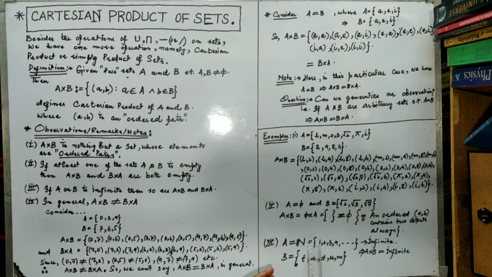As there are infinitely many choices in this set, there are infinitely many possible ordered pairs, which are the elements of the set A cross B. So A cross B is infinite. Why? Because one of the sets is infinite, and there are infinitely many choices for making ordered pairs.